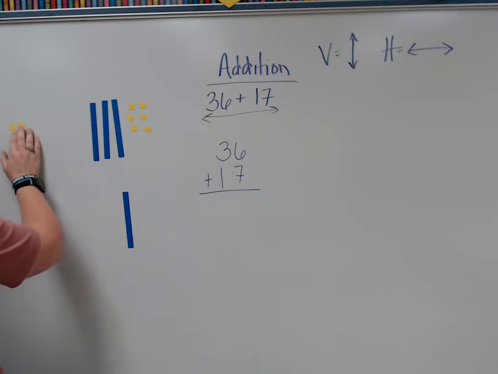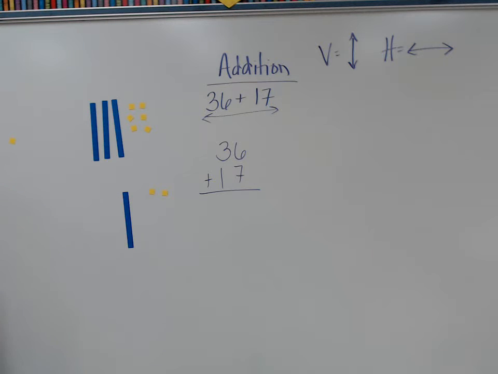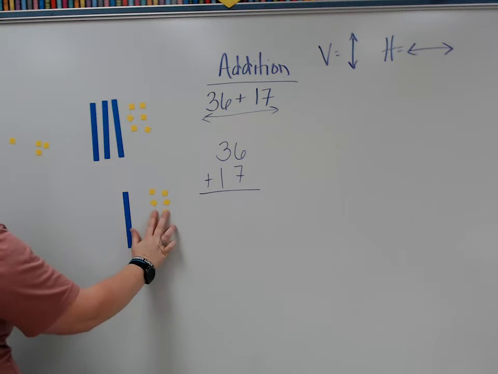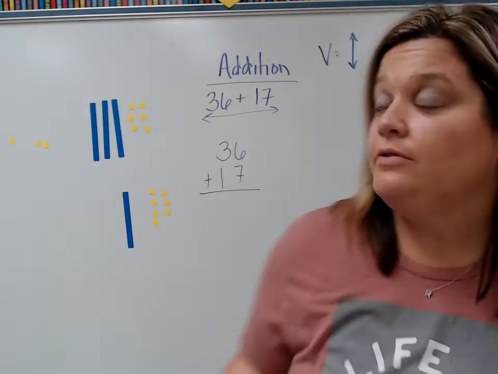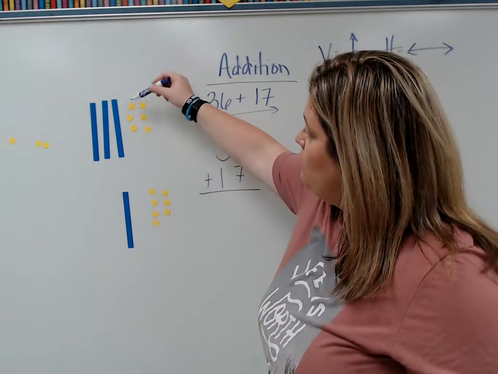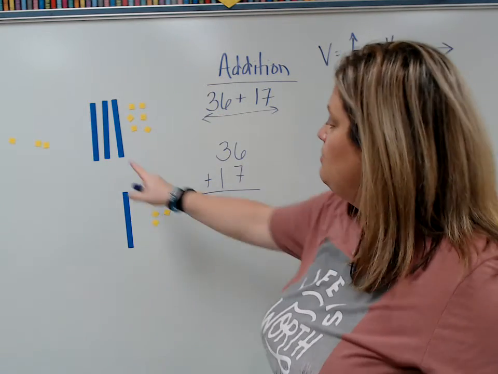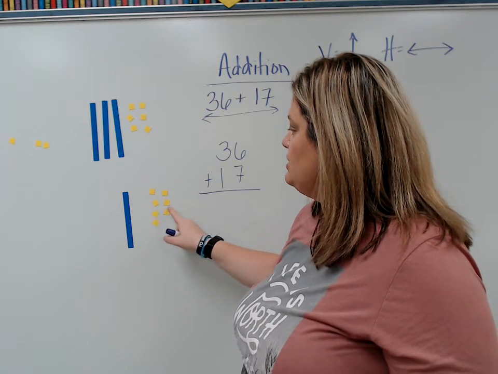So that's 1, 2, I'm going to get some more of my tiles over here. 4, 6, 7. Okay, so what we've done is we have our tiles. We have 10, 20, 30, 31, 32, 33, 34, 35, 36, plus 10, 11, 12, 13, 14, 15, 16, 17.